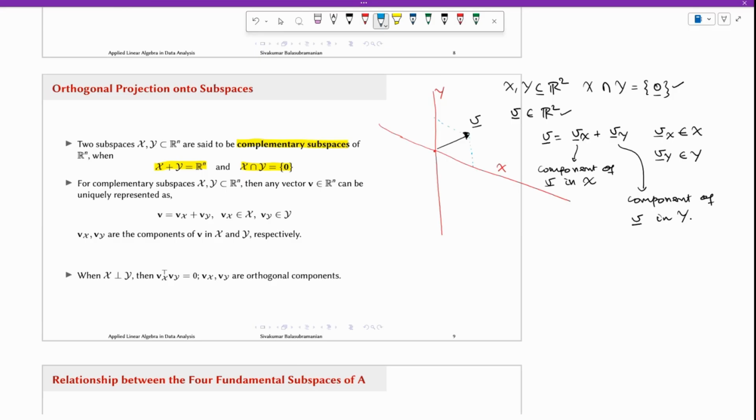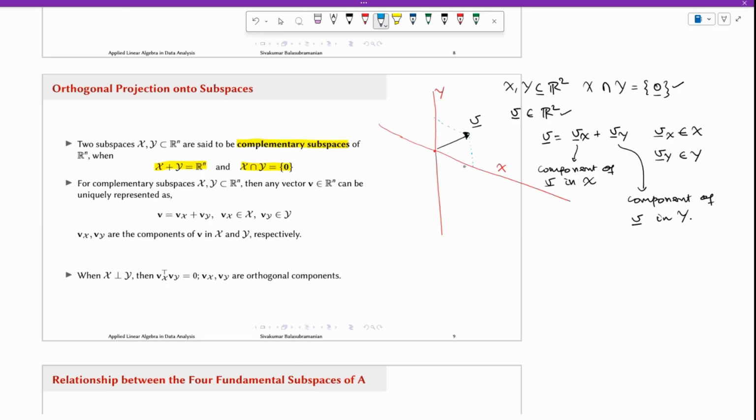That means I take Vx, move along the X subspace by Vx, and then from the tip of Vx, I move in a direction parallel to the Y subspace by Vy, and that will be the sum of the two elements. That means I need to find a path of moving along X and then parallel to Y, so that I reach this tip. Or since addition is commutative, I can move along Y first and then move parallel to X to get to that point. So that will be this.